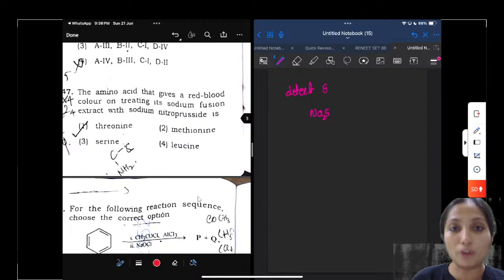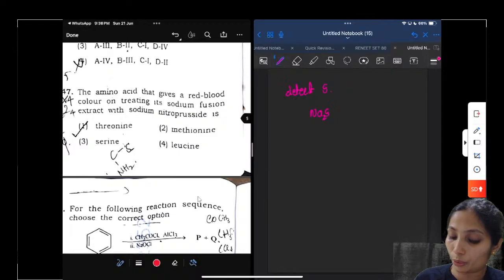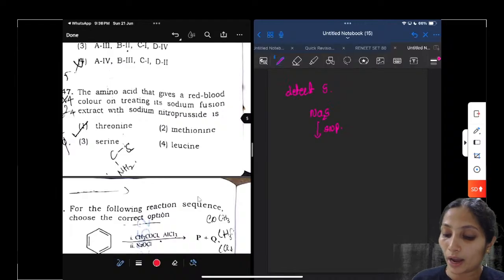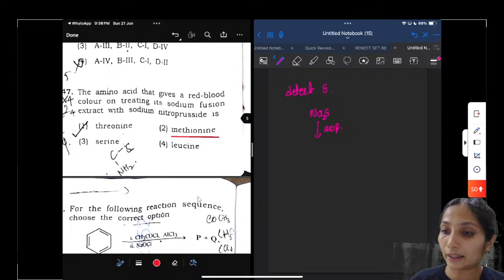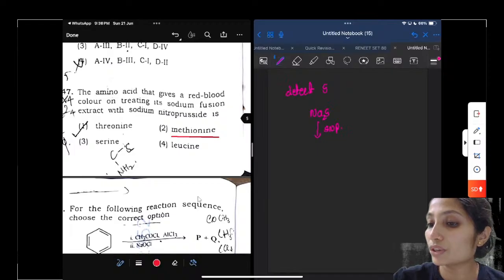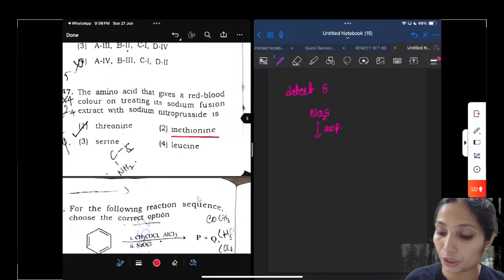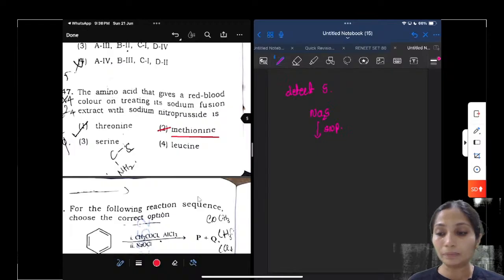Sodium sulfide formation takes place in the sodium nitroprusside test, and this Na2S reacts with sodium nitroprusside to form a red violet or blood red colored compound. So among the amino acids given here, in which one do we have sulfur? In methionine we have sulfur. So methionine is the correct option. Okay, is it clear? I hope you got this one.